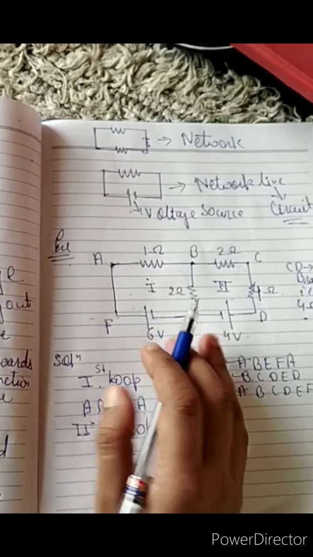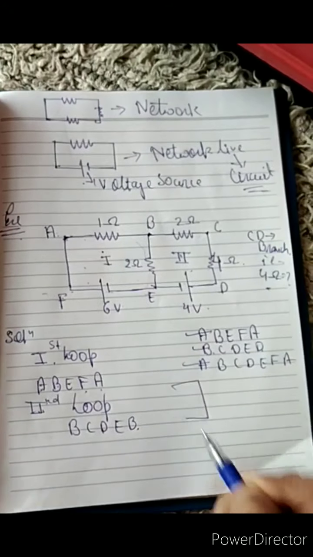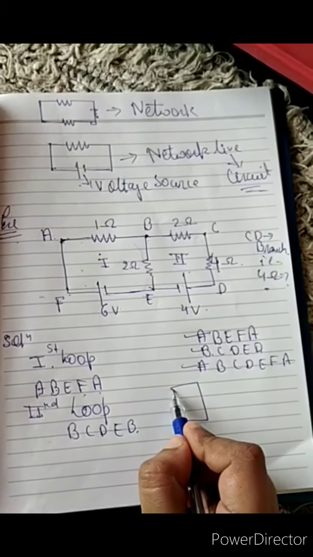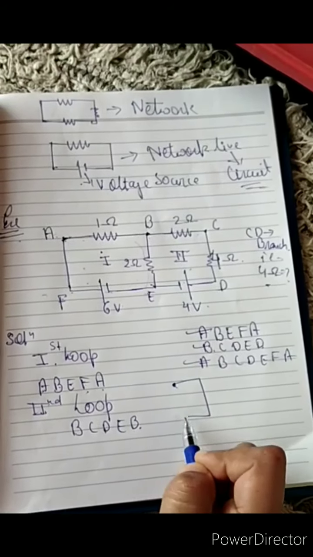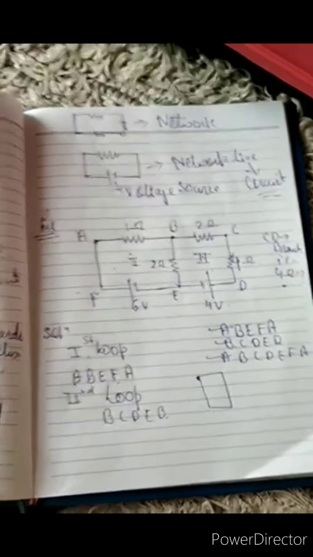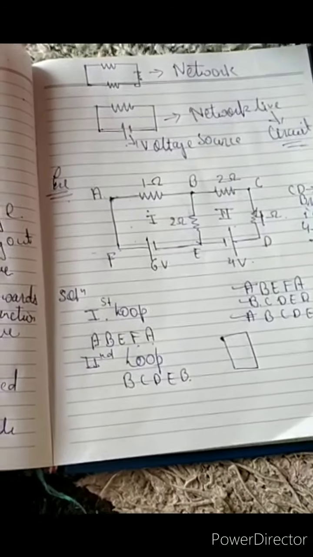No, it is not a closed loop. The condition of a closed loop is that where you start, you have to end your pen point over there. This is the definition of a closed loop.